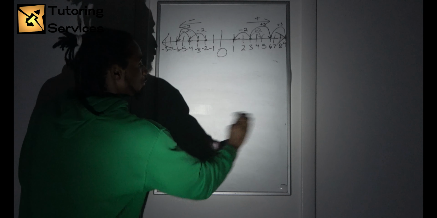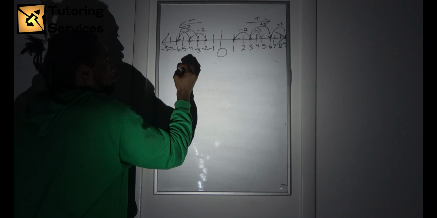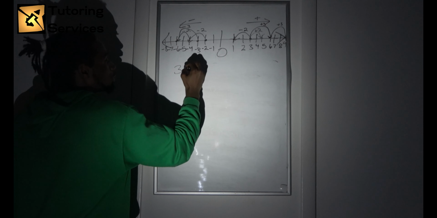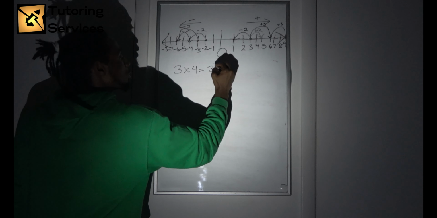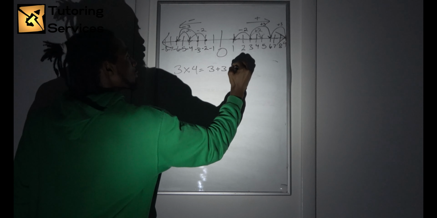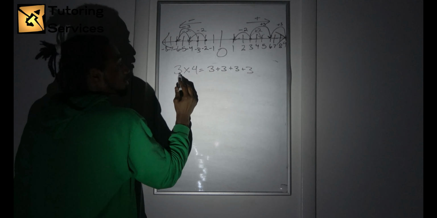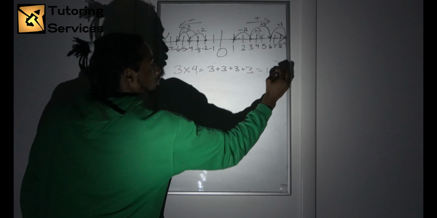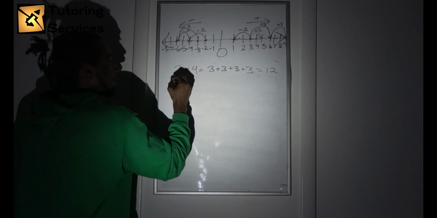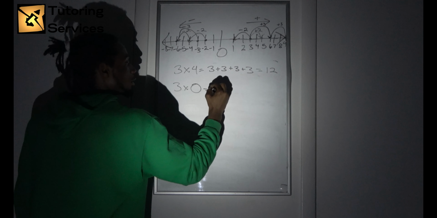Anytime you are multiplying numbers, 3 times 4 is equal to 3 plus 3 plus 3 plus 3. You are adding 3 4 times to get your answer, and in this case it's 12. Any number times 0 equals 0.